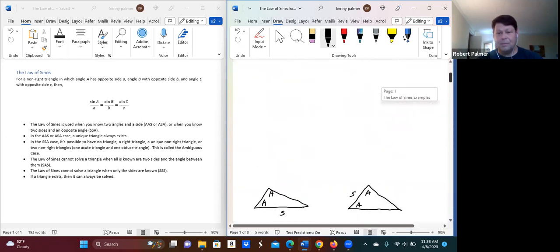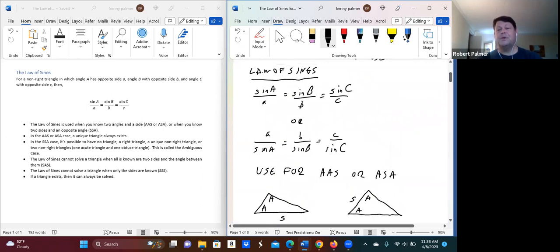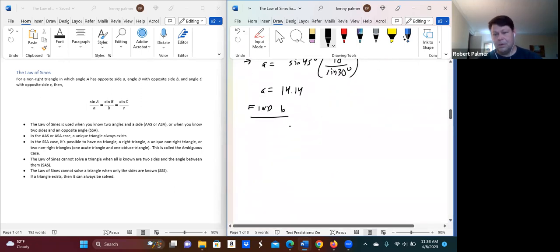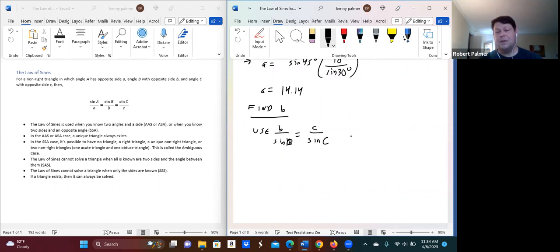I shall use this version here, essentially these two equal to each other. So we're going to use B over the sine of angle B is equal to C over the sine of angle C. Now plug everything in.